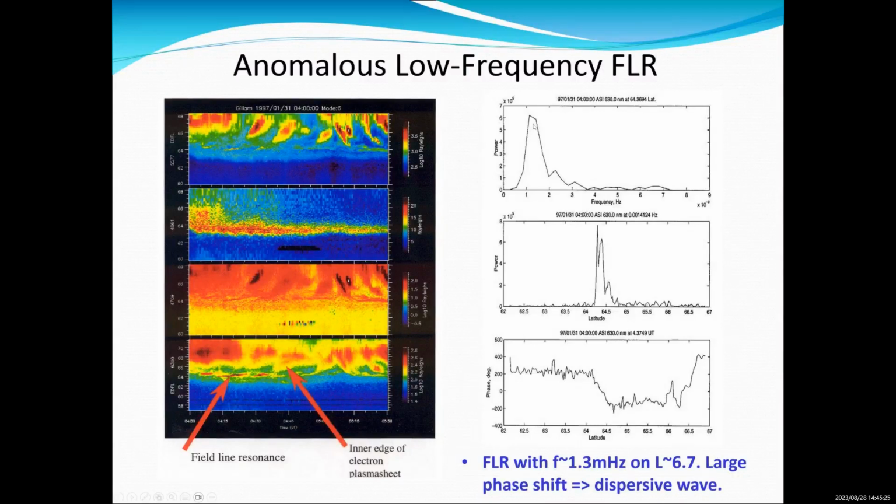The anomalously low frequency, even though we're at L of 6.7 on the night side, suggests that the field is not dipolar, that this field line is stretched into the night side central plasma sheet, and as you lengthen the field line, you lower its frequency. The 4861 emissions in this case indicate precipitating energetic protons.